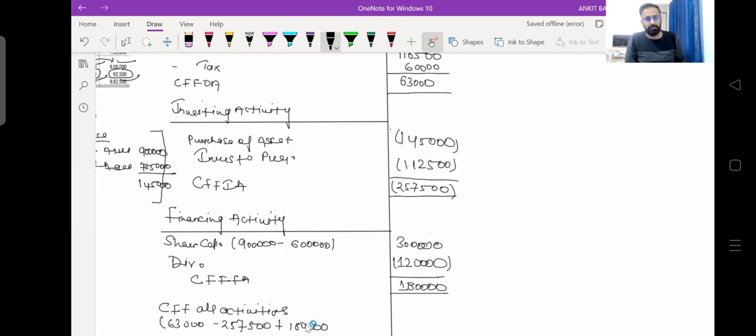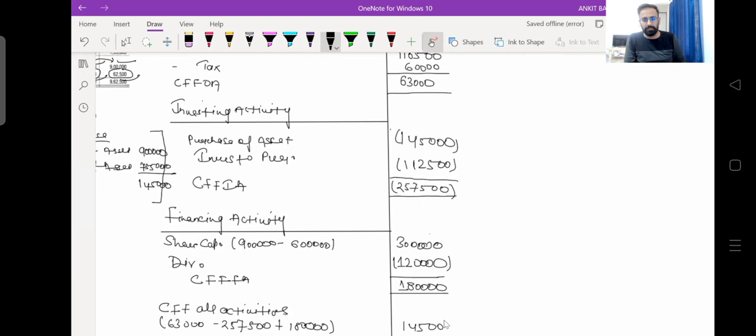So what will be the net effect? Net effect we will see is 1,80,000 plus 63,000 minus 2,57,500. So here there is a negative balance of 14,100.